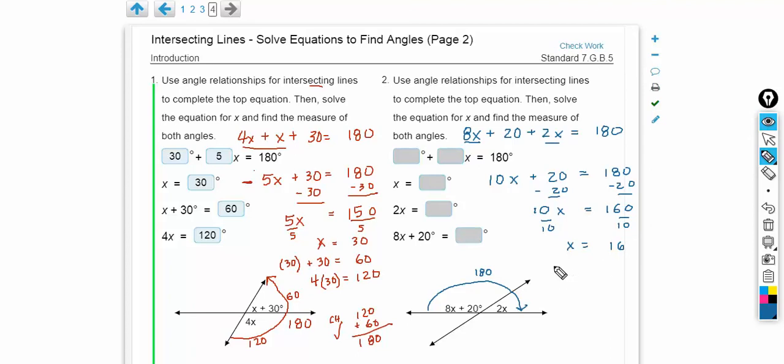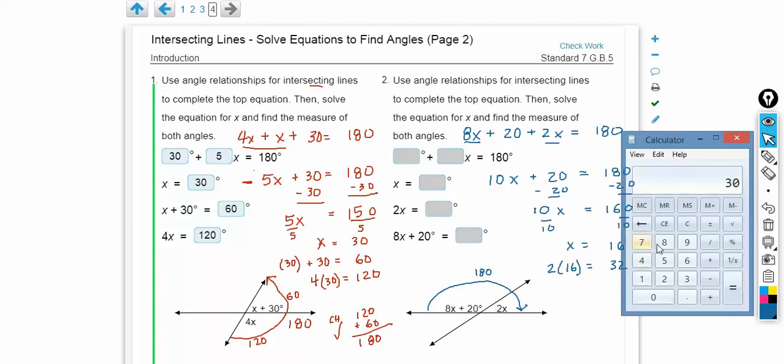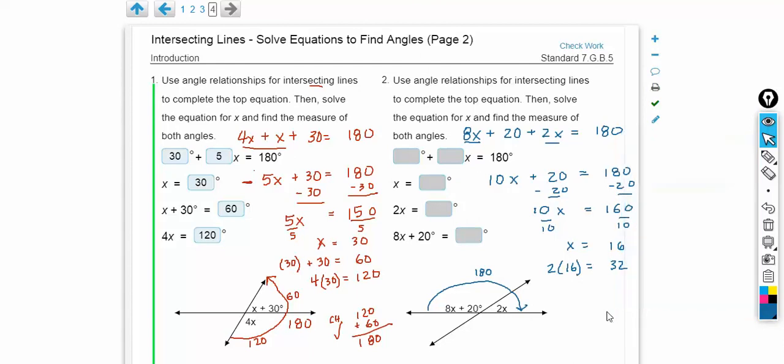Alright, then we substitute 2 times 16 equals 32. Right? Clear. 16 times 2 equals 32.